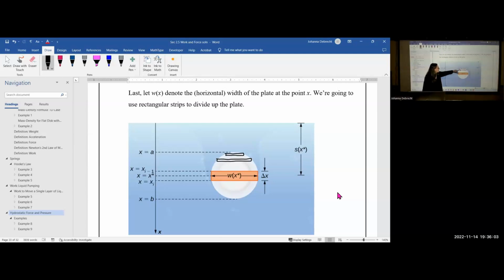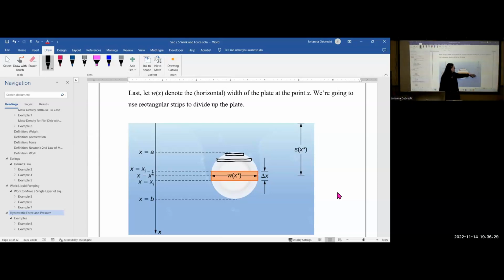So in each little one, I'm going to pick a spot and say, you get to be the width of this particular strip, this rectangle. And then as the widths go to 0, the x sub i star gets closer and closer to the value of x as we take the limit as the number of partitions goes to infinity.